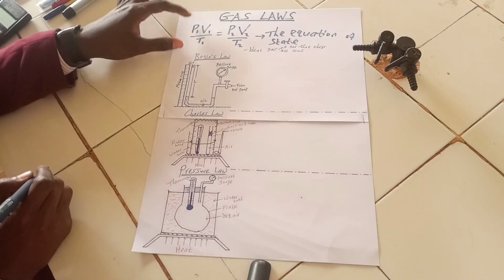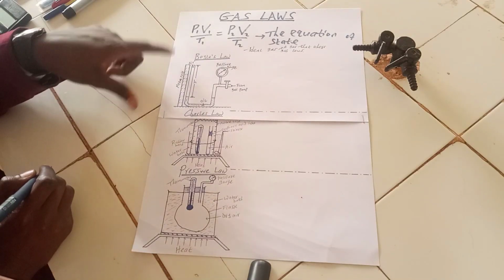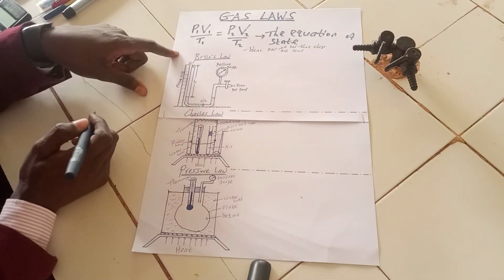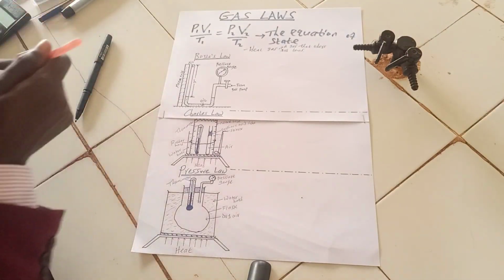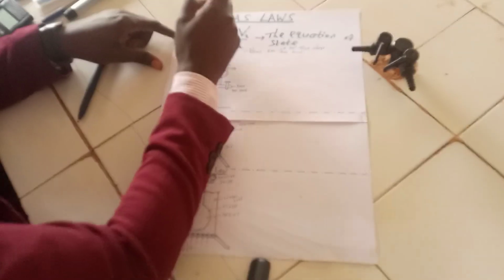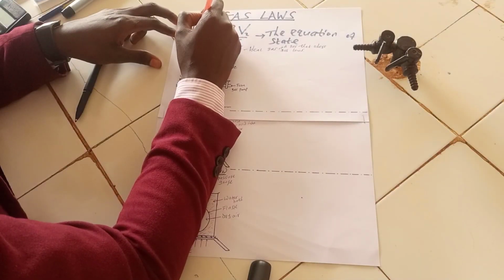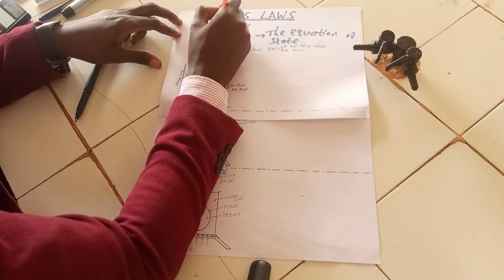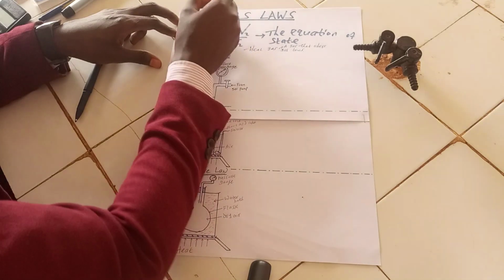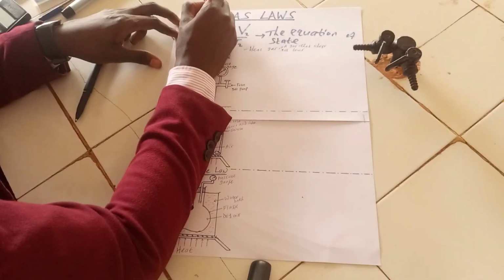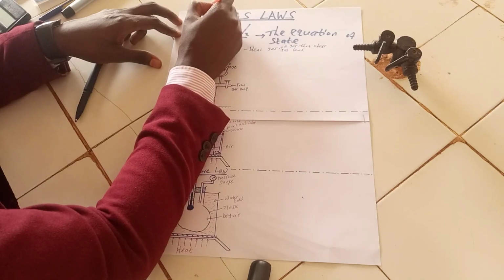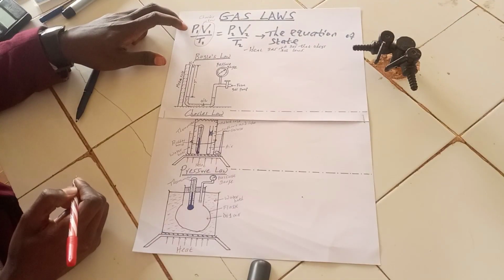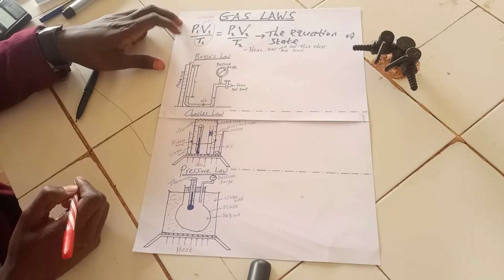So in this equation of state, let's look at what we have here. First of all, if you factor out volume and temperature, that one is Charles' law. Volume and temperature is Charles' law. You can call it TV, Charles' law.